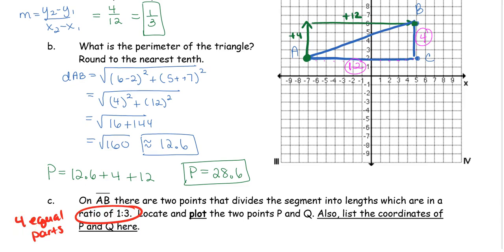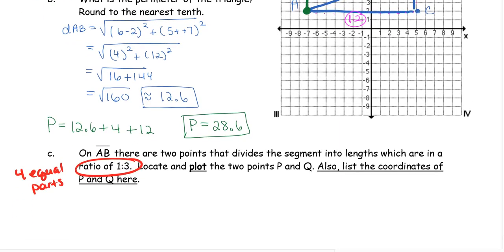To find out how we do this is we go up to the unreduced slope. So my unreduced slope is 4 over 12, and we found that by doing our rise over our run. We want to break that slope into 4 equal pieces. So I divide the top by 4, the bottom by 4. That gives me 1/3, which happens to be our reduced slope.